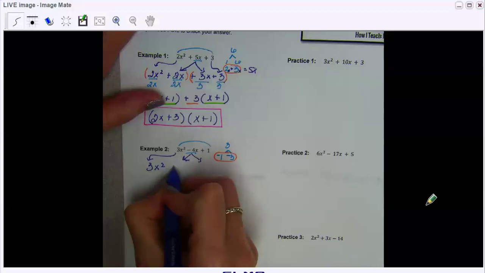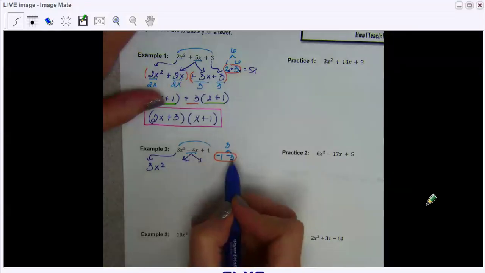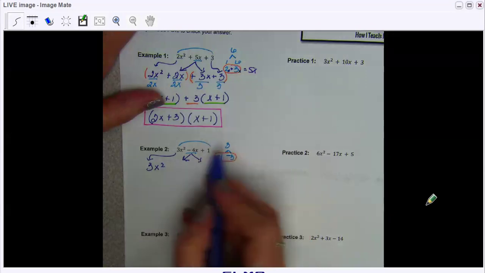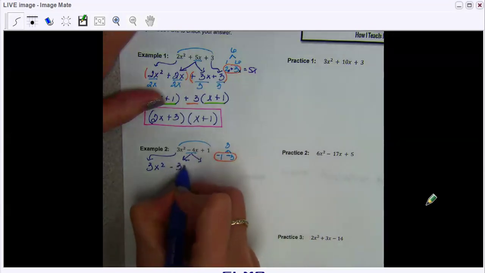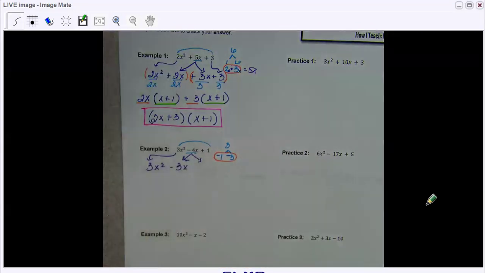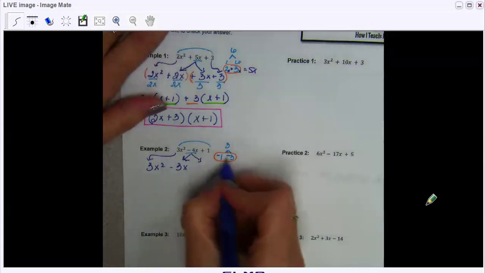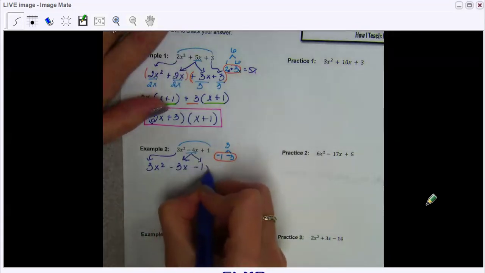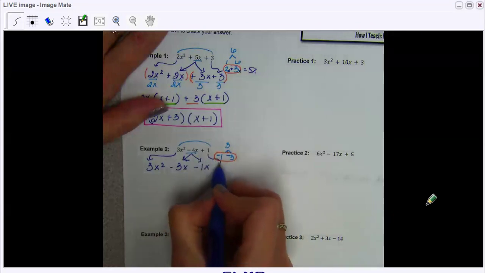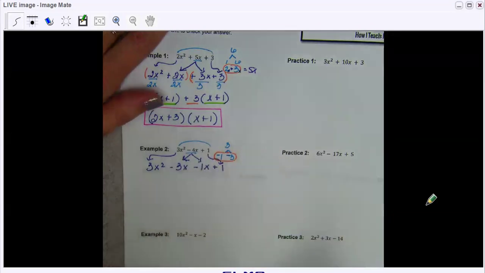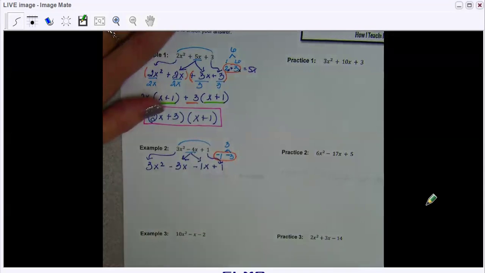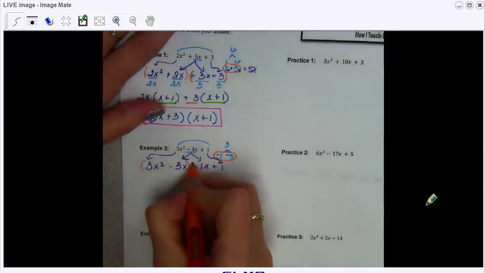I'm going to put my -3 first, minus 3x, and I'm doing that to show you that it really doesn't matter which one you put first. And then I have a -1x, and then I bring this one down, plus 1. Okay. And now I'm going to group my two binomials.